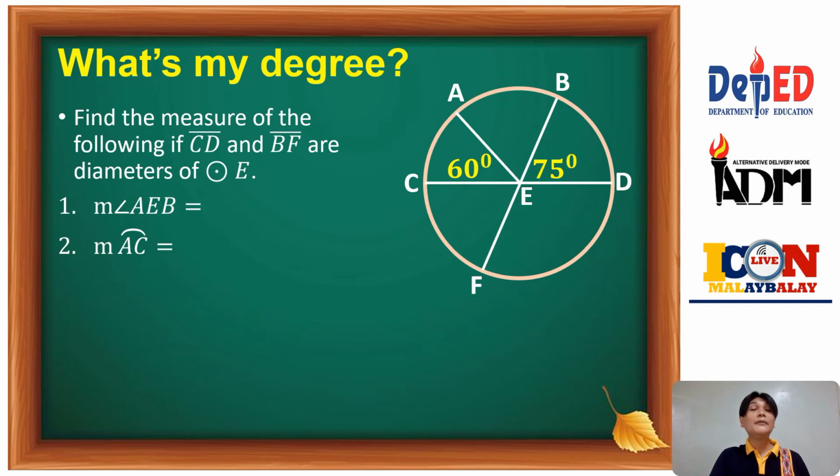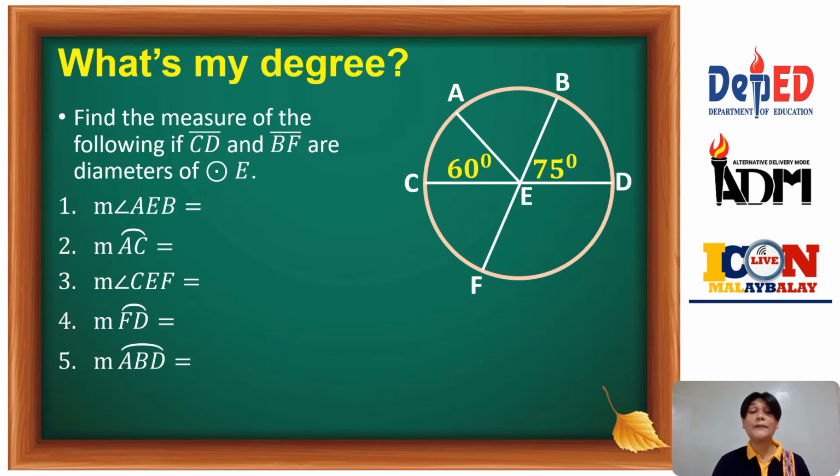Number 2, find the measure of arc AC. Number 3, find the measure of angle CEF. Number 4, find the measure of arc FD. And number 5, find the measure of arc ABD. Can you do that? Don't worry, I will help you.